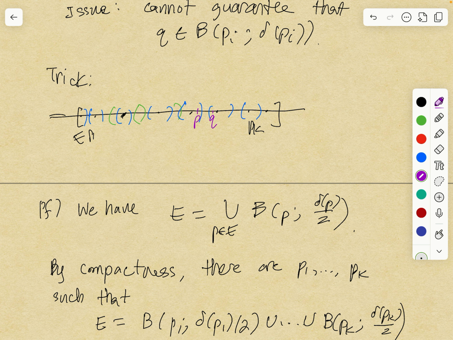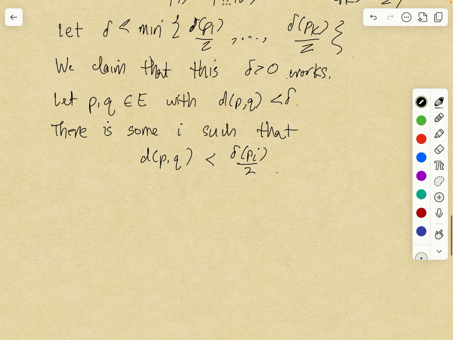So let's write out the details of that. The distance between P and Pi is less than delta of Pi over 2.